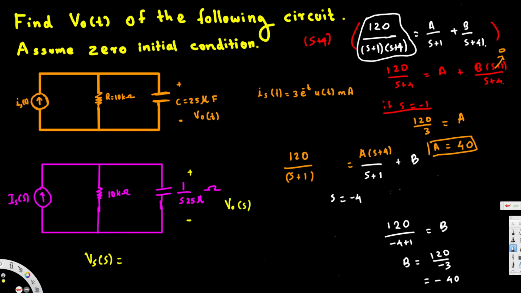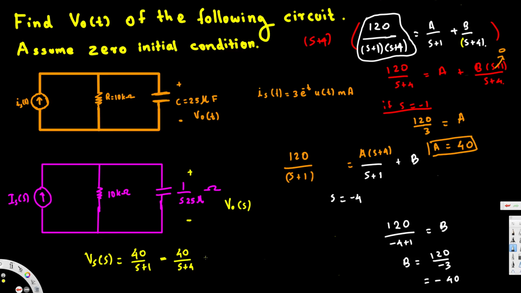A is 40, so 40 over s plus 1, minus, because we have negative 40 for the B, 40 over s plus 4. So this is the voltage across this capacitor in the Laplace domain.